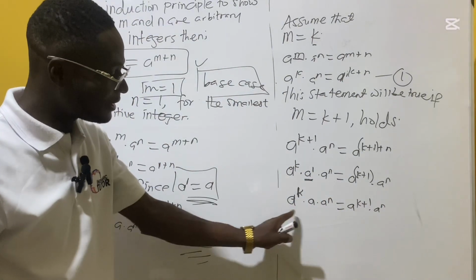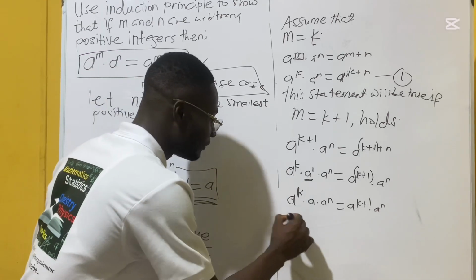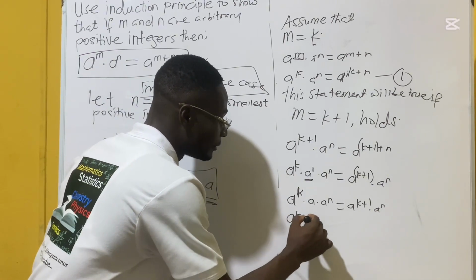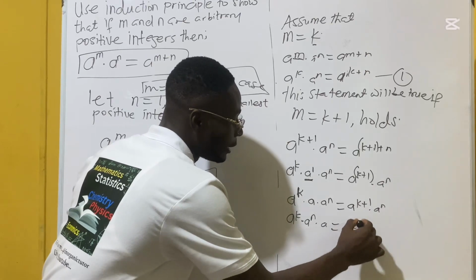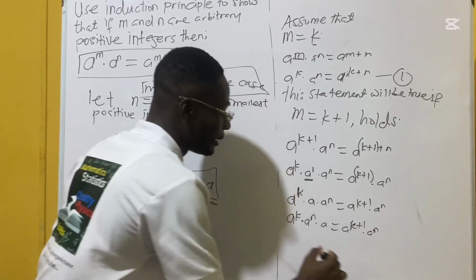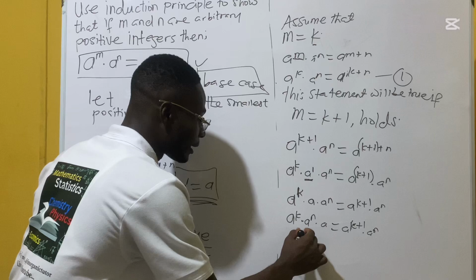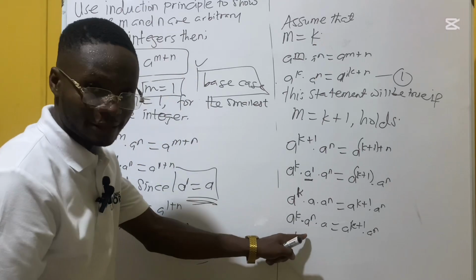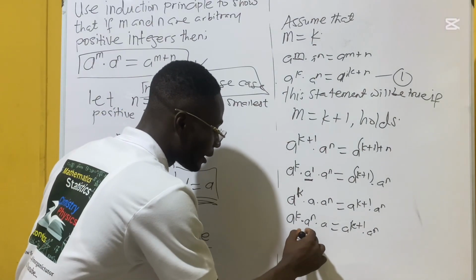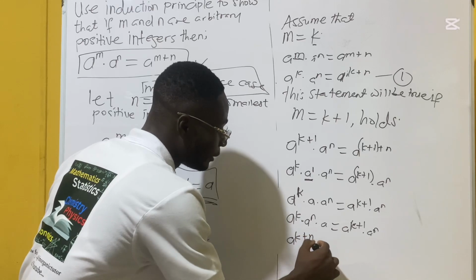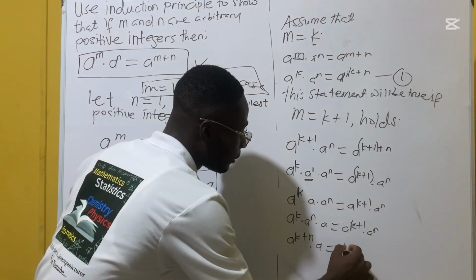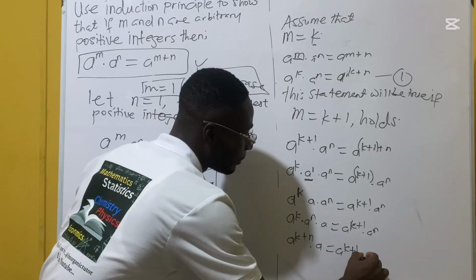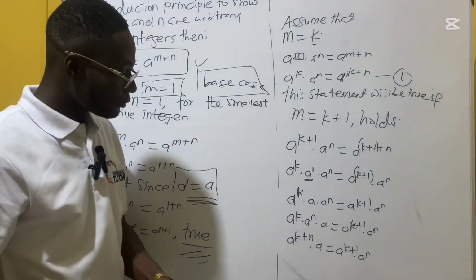We can bring this here and send this here. So we're going to have a^k times a^n times a is equal to a^(k+1) times a^n. And that is a^k indices. a^(k+n) times a is going to be equal to a^(k+1) times a^n.